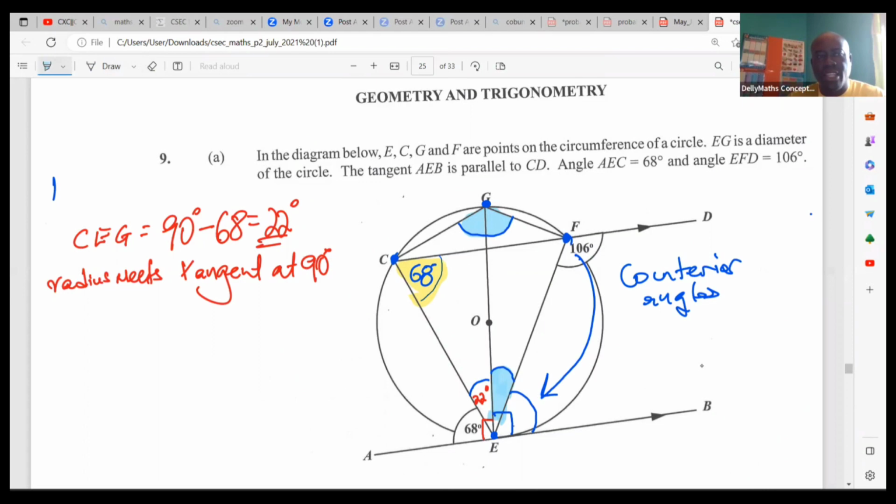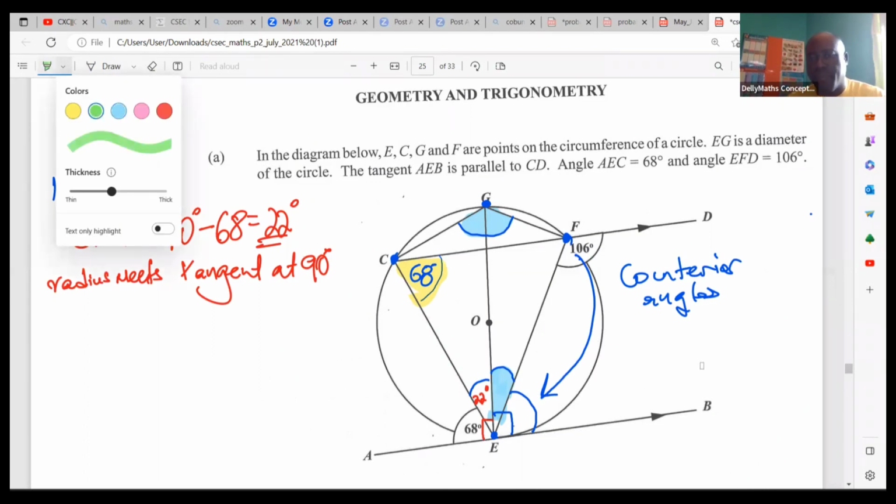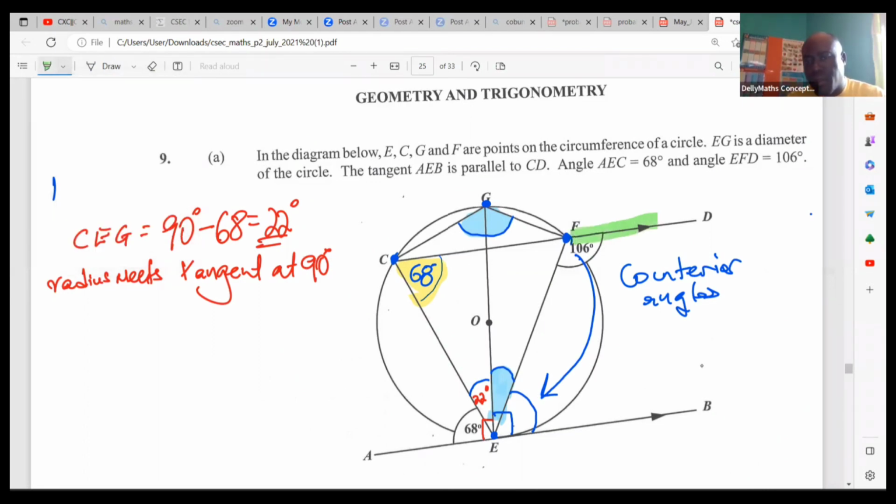So let me highlight those parallel lines one more time. This, that, and this is the transversal this side. So this angle here is co-interior with that angle down there.